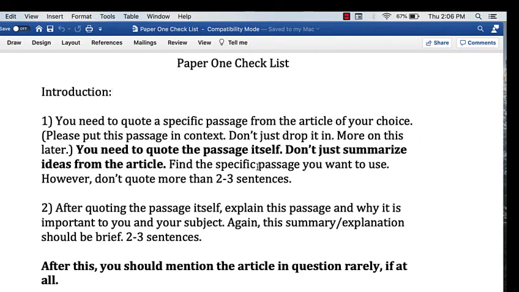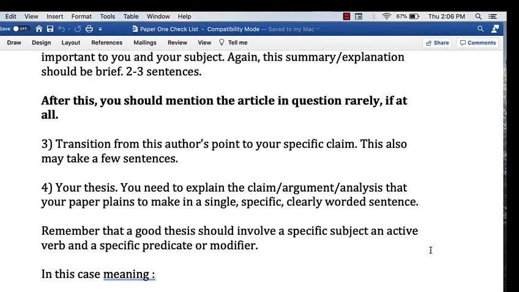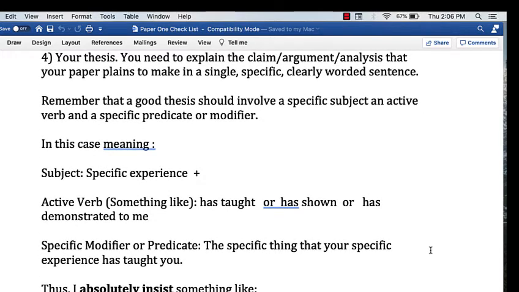For example, it says you should quote a specific passage from the text that you're dealing with, explain the passage, then transition to the thesis, and again, just underscore the format of the thesis statement. I want a specific experience, the specific thing that happened to you, is what I mean by this case.